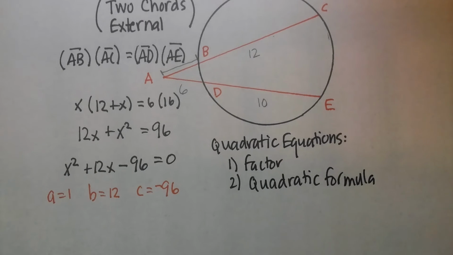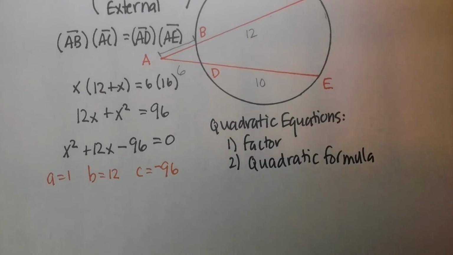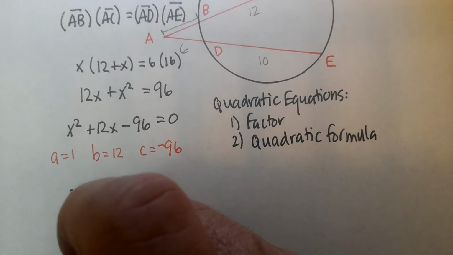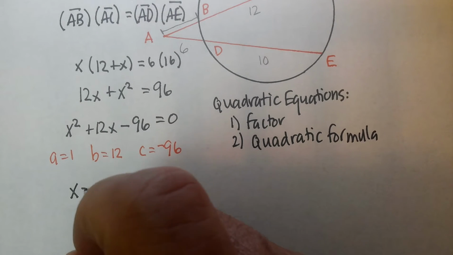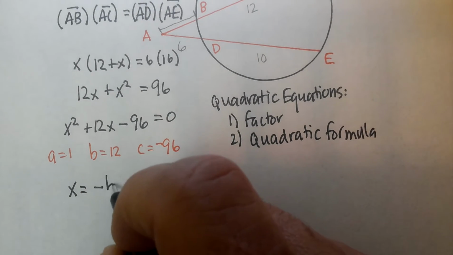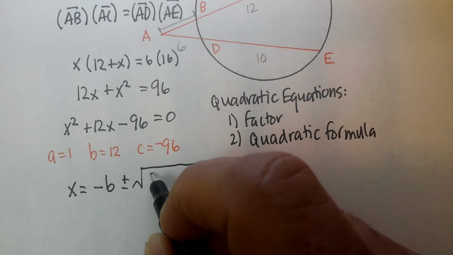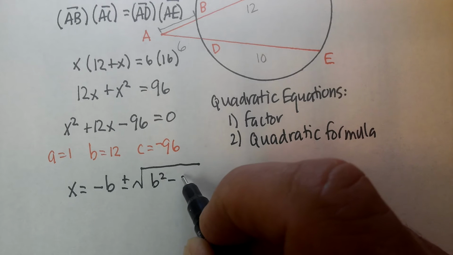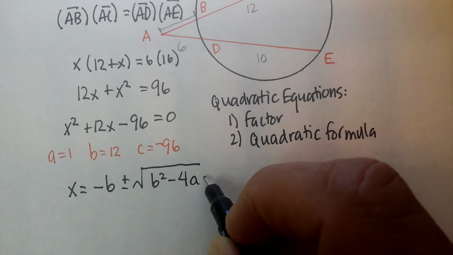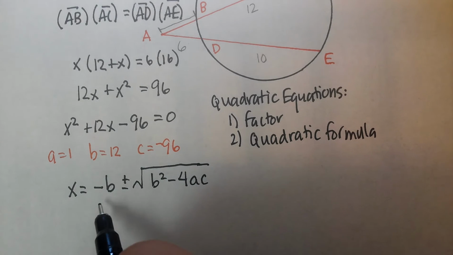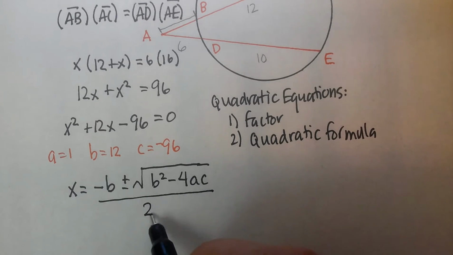Now let's take the a, the b, and the c, and put it into the quadratic formula. And you remember what that is. X is equal to negative b plus or minus square root b squared minus 4 times a times c, all over 2a.